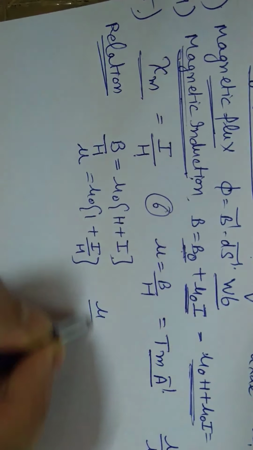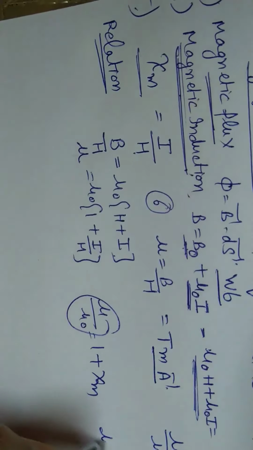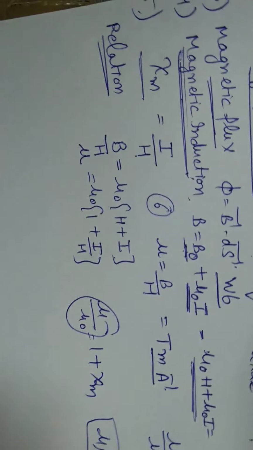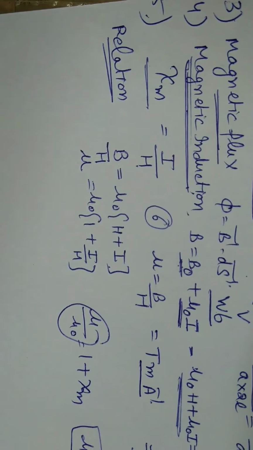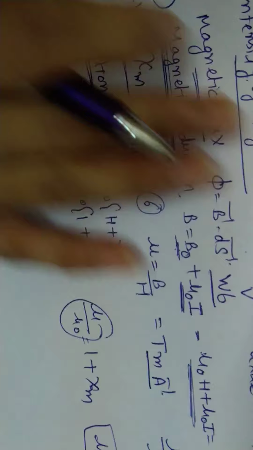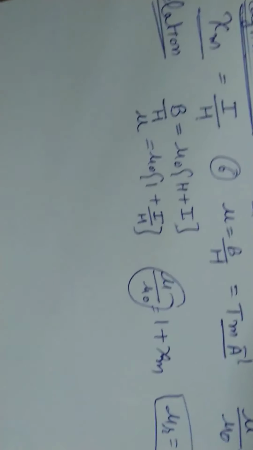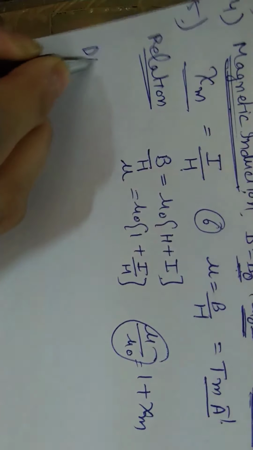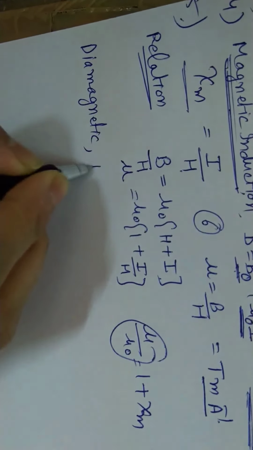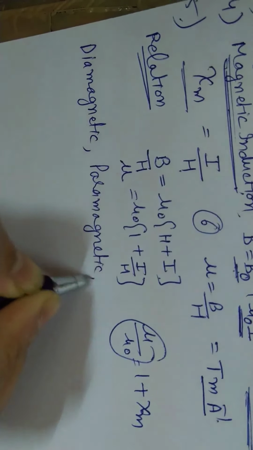Mu upon mu naught is 1 plus chi, and this is called mu r, that is 1 plus chi m. This is the relation. On the basis of these terms, materials are classified into three categories: diamagnetic, paramagnetic, and ferromagnetic.